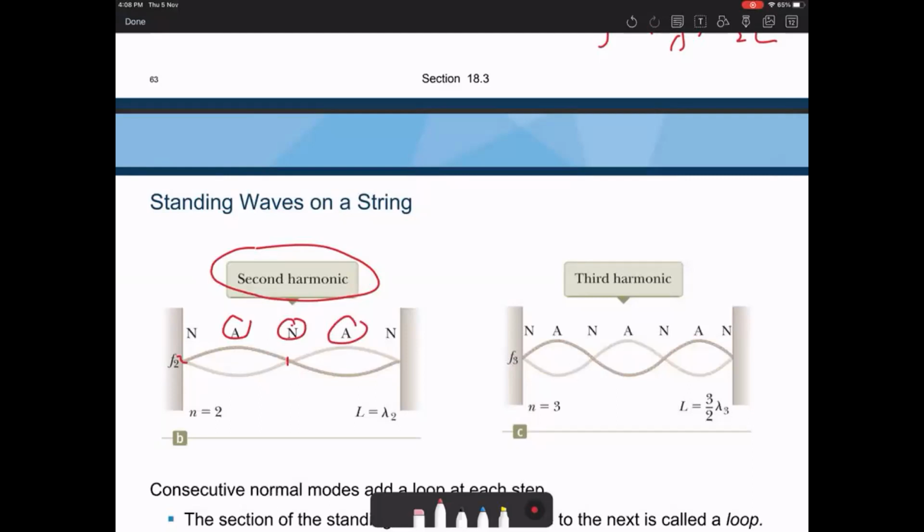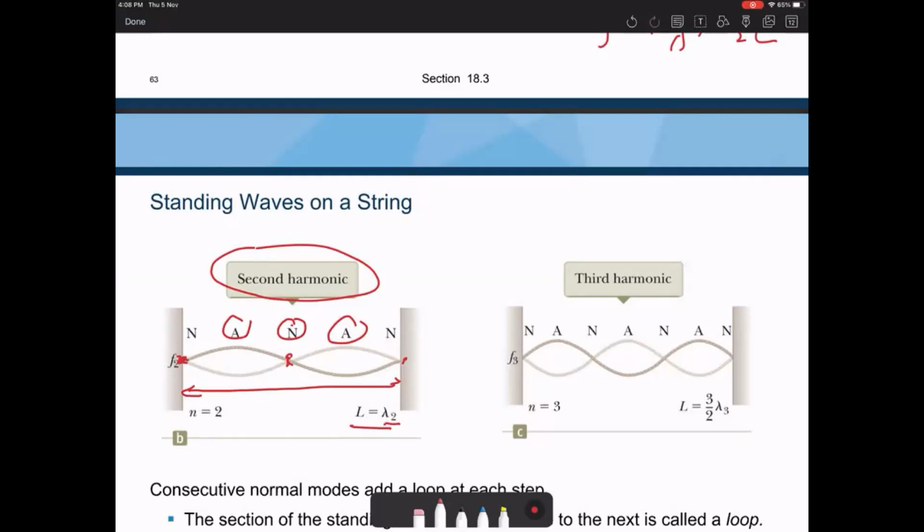So here, the whole string should be equal to the wavelength, because from here to here is the distance between two nodes, and from here to here is the distance between two nodes. So altogether, that is equal to one wavelength.